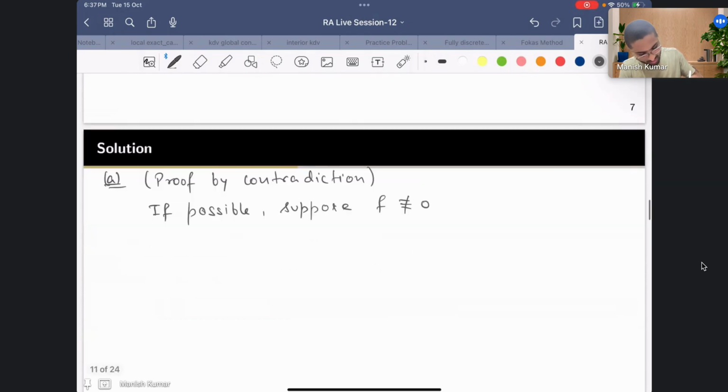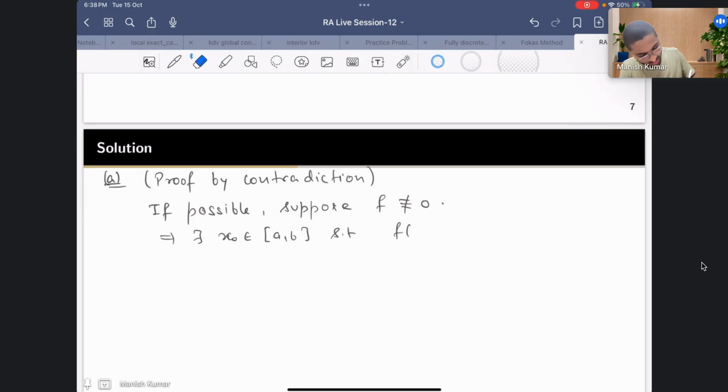This implies there exists some x naught in the interval AB such that f of x naught is strictly greater than 0. Now, do you know the proof that if f of x naught is positive, then there exists a neighborhood, because of continuity, where the function is positive? Do you know the proof, or should I write it here?